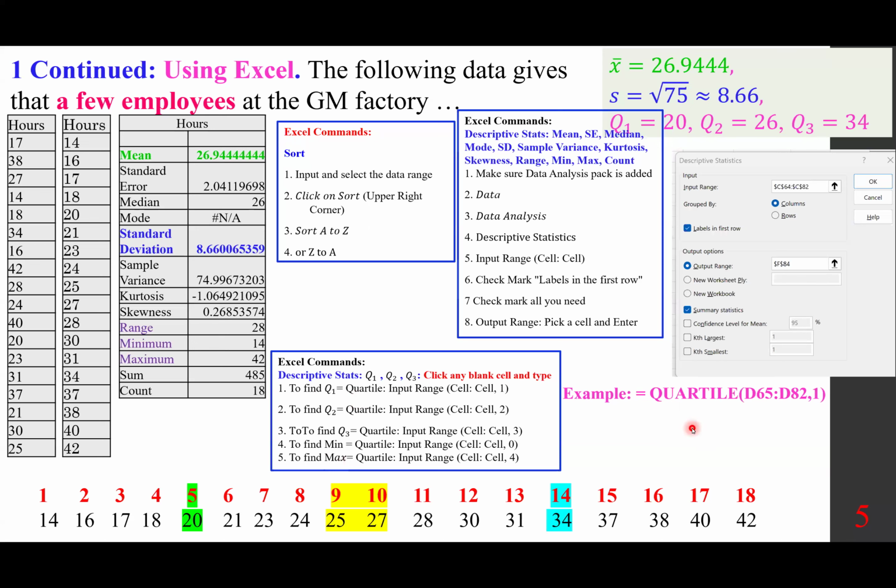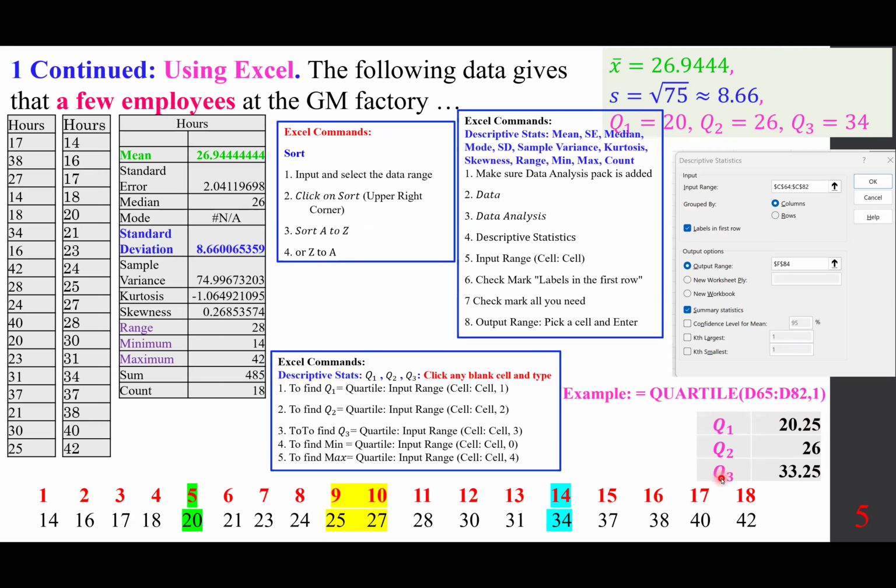So as an example, you put quartile from D65 to D82. You can try this. In fact, if you put this in D65, D82, comma 1, it generates this number. Q2 is this one, Q3 is that one. Notice there, Q2, of course, that's between 25 and 27, obviously it's 26.